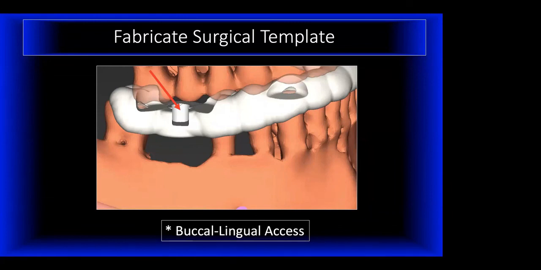When you use these guides or templates and the surgical drills that go along with them, they are usually longer than standard surgical drills. Therefore, it's very difficult sometimes to have access to put the implant drill back that far. So I would like everyone to get used to what is called a buccal or lingual access.